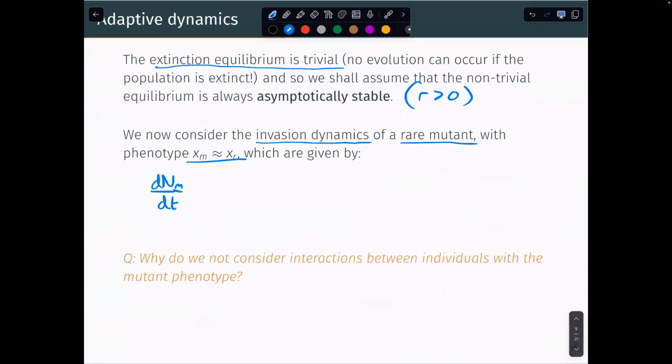So dNM/dt is going to equal the intrinsic growth rate R, which we know is positive, times the number of individuals that have this mutant phenotype, NM.